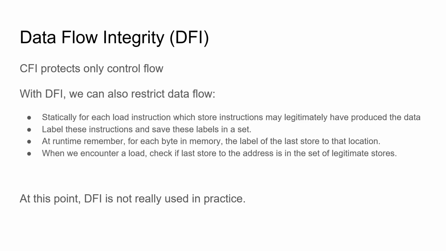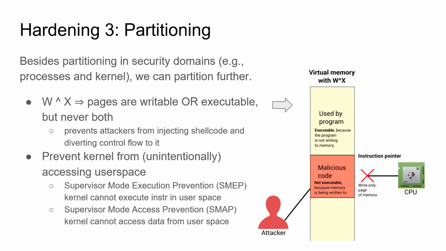Then at load time, when you come to the load instruction, you check whether the tag, the label that was associated with the memory that you're trying to load, was in the set of legitimate store instructions. Now, as you can imagine, this is relatively expensive, and at this point, to my knowledge, data flow integrity is not really used in practice.